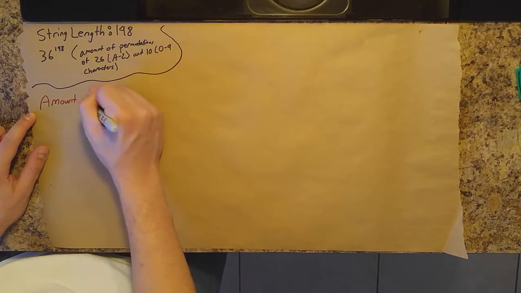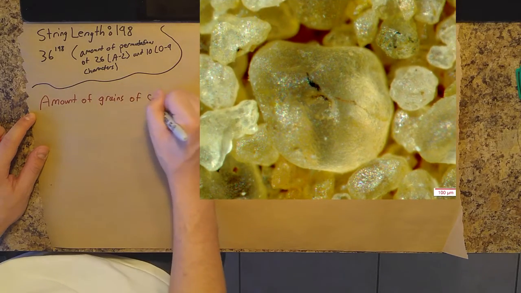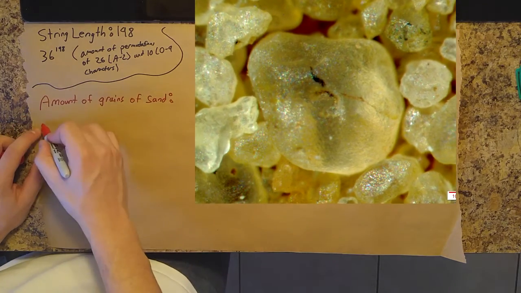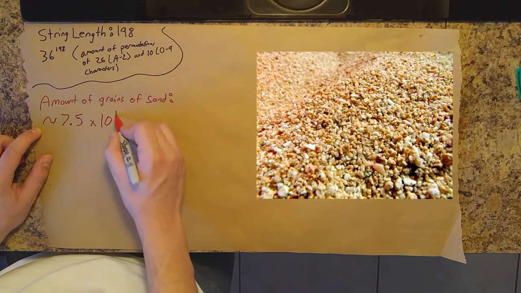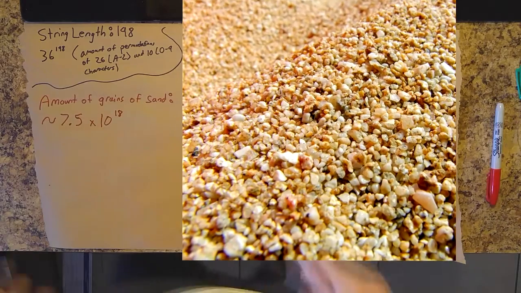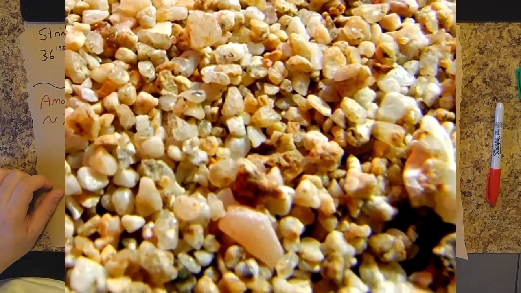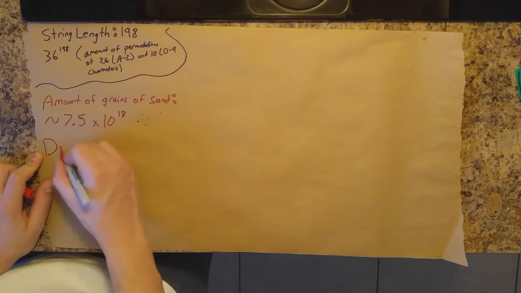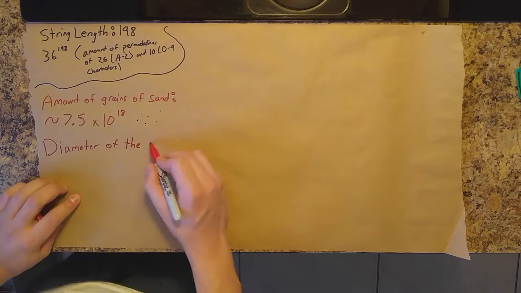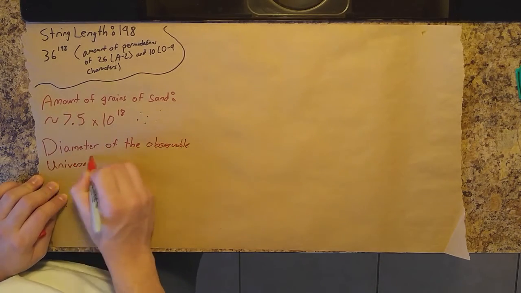So the amount of grains of sand estimated to be on planet Earth is roughly 7.5 times 10 to the 18. That's a pretty big number, honestly. That represents all of the sand on Earth. Now, unfortunately, we're not quite there, so we have to keep going.